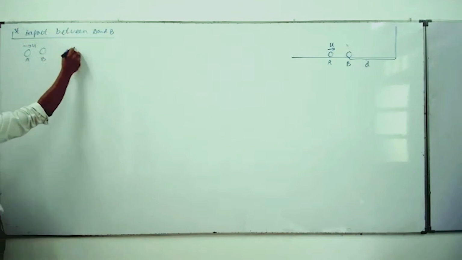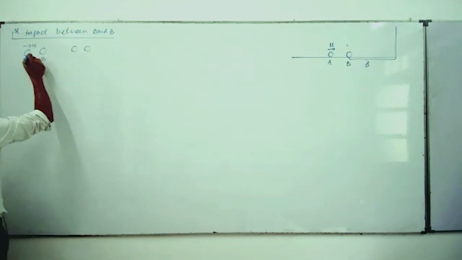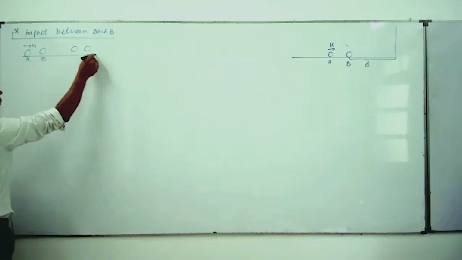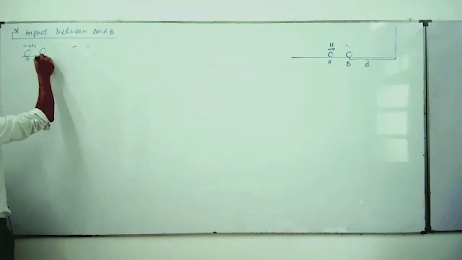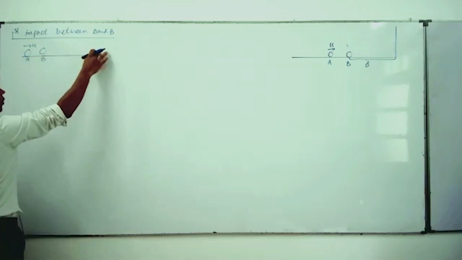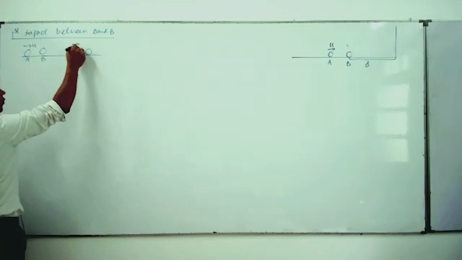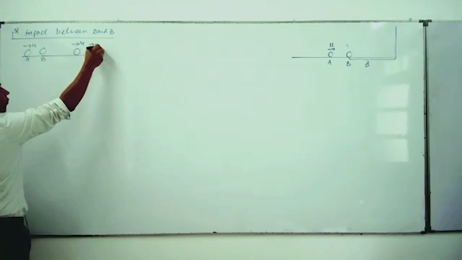Then after that, both A and B move with velocities V1 and V2.